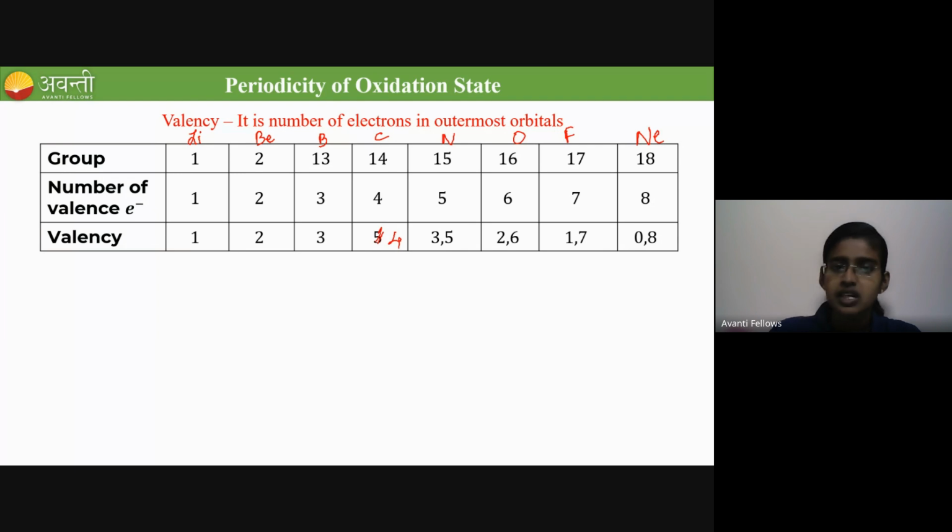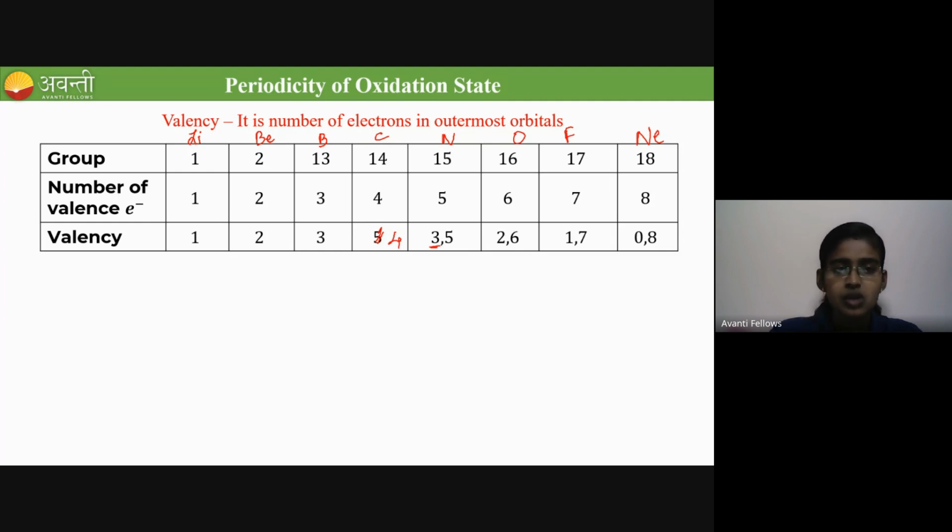But when the number of valence electrons is more than 4, the valency and valence electrons differ. For nitrogen, the number of valence electrons is 5, but the valency is 3. When you go to phosphorus, valency can be 5 also. So it changes. For oxygen it is 2 or 6, for fluorine it is 1 or 7, and for neon it is 0 or 8, we can say.